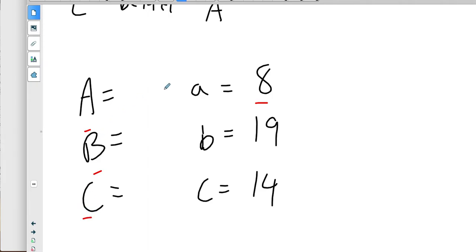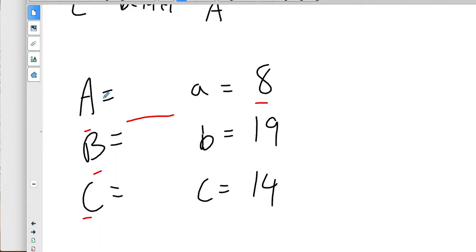But if you like to switch from law of cosines to start with to law of sines to finish the problem off, then you want to solve for the smallest angle first, which is always going to be opposite the smallest side. But we'll just use law of cosines for this whole problem. So first we're going to solve for A.